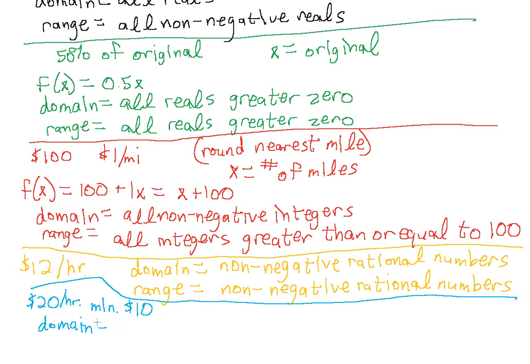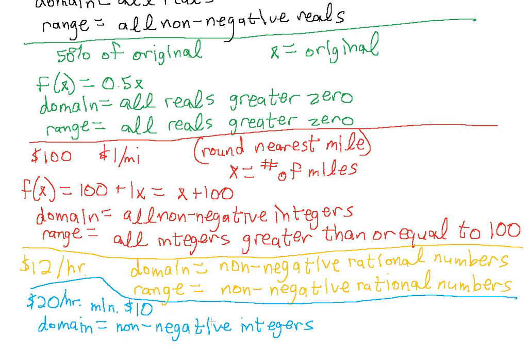So let's say the domain is going to be the set of all non-negative integers. This makes sense because, for his business, he can't mow a negative number of yards. He can't mow -2 yards in a day.